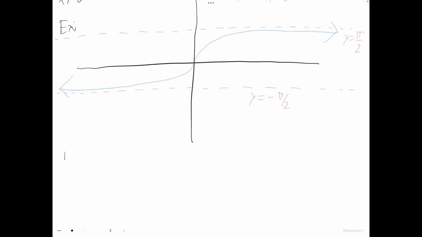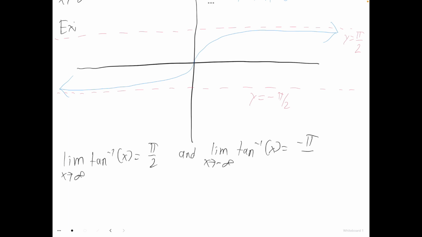Just in our notation, what we're saying here is the limit as x goes to infinity of tangent inverse of x is pi over 2, and the limit as x goes to negative infinity of tangent inverse of x is negative pi over 2. And so this is an example where they aren't the same.